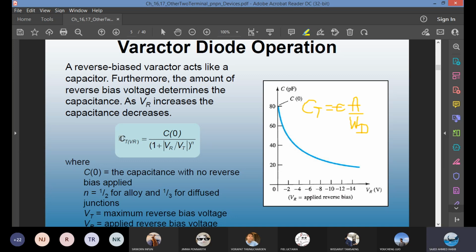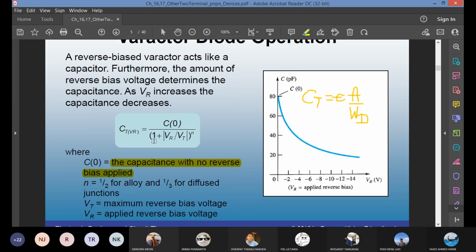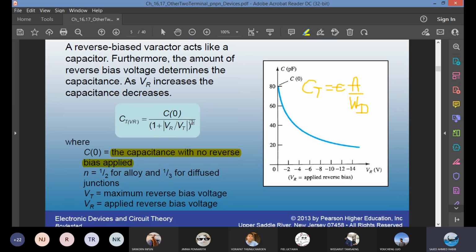Here, the capacitance with the reverse bias is given by C_0 over (1 plus V_R over V_T) to the power n. If you do not apply any reverse bias, the capacitance that you experience at the junction is given by the notation C_0. The power n is a factor. It's for alloy material.